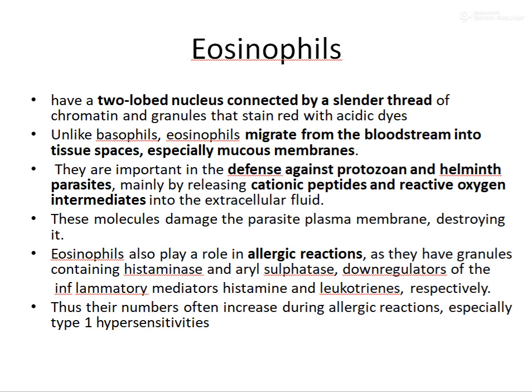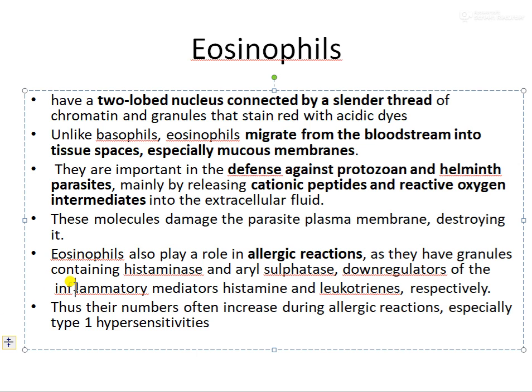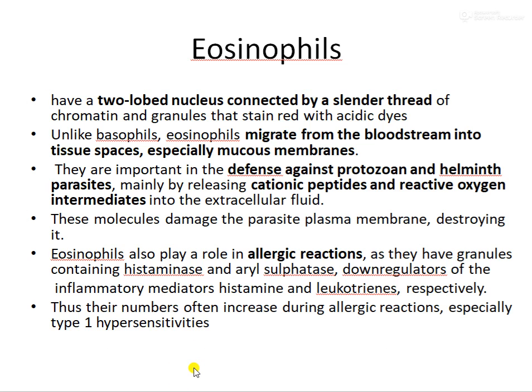They are an important member in the defense against protozoan as well as helminthic parasites, and they release a large amount of cationic peptides as well as reactive oxygen intermediates into the extracellular fluid. They also play an important role in allergic reactions, and release various inflammatory mediators like histamines, leukotrienes, etc. So you can see that the eosinophils play an important role in the allergic reactions of man.